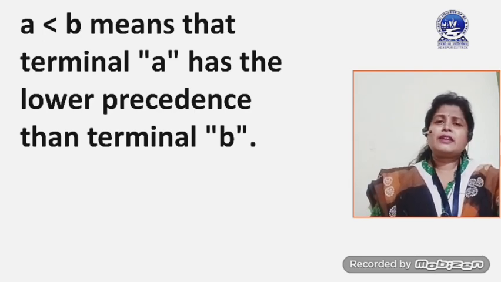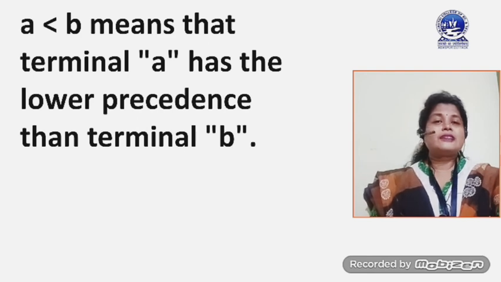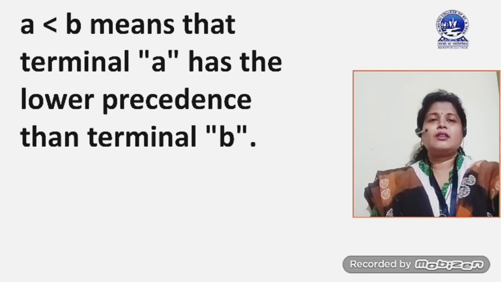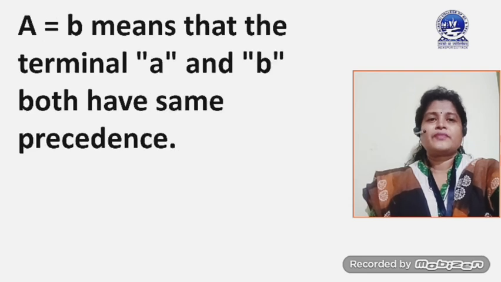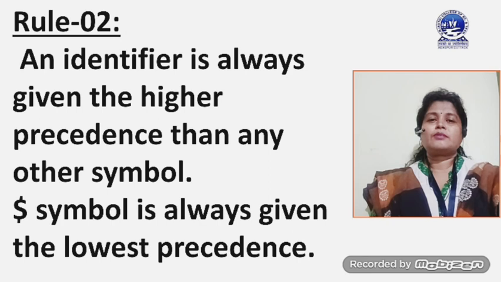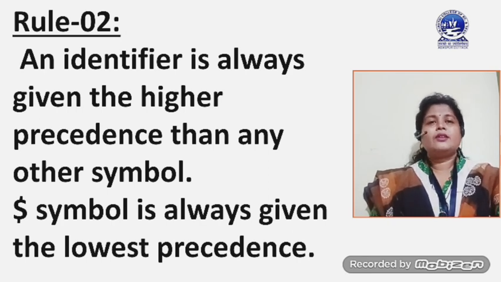Those are implemented here, and these three relations play a very important role. The second one is A less than B, which means terminal A has lower precedence than terminal B. A equal to B means terminals A and B both have the same precedence.